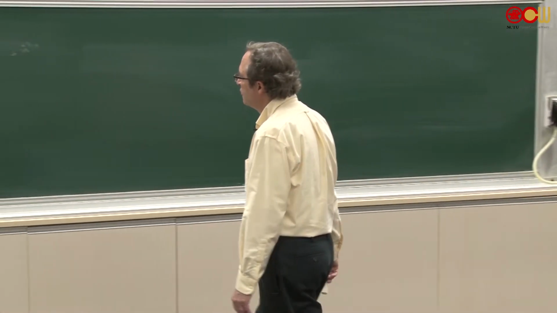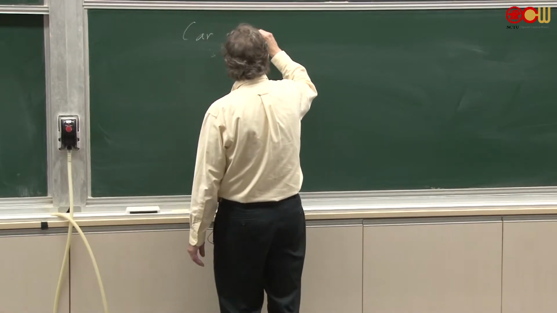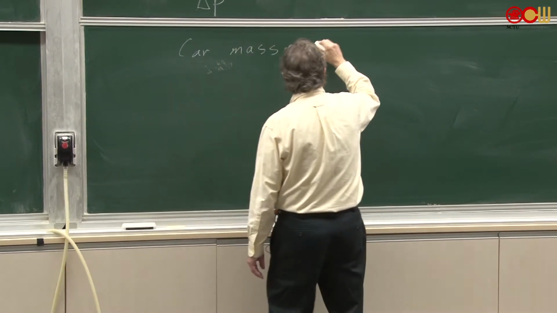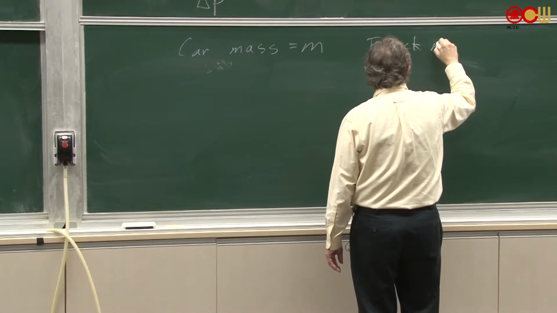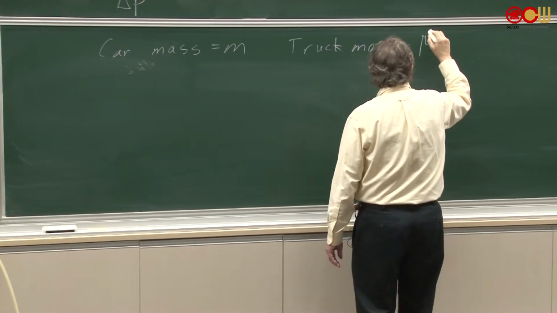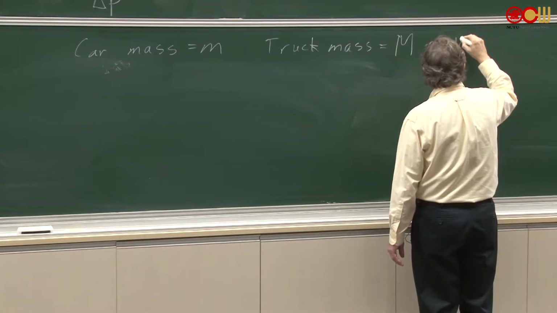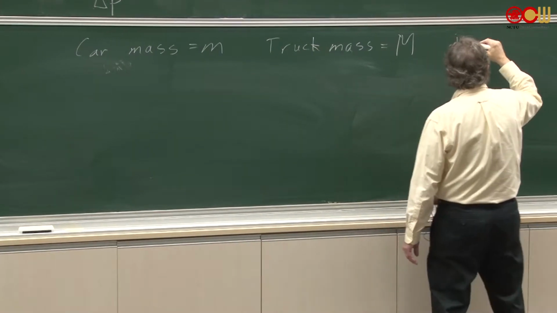So we'll say the initial, we have the car mass, we'll call it m, the truck mass, we'll call that capital M, and we'll say the initial for the truck is given.